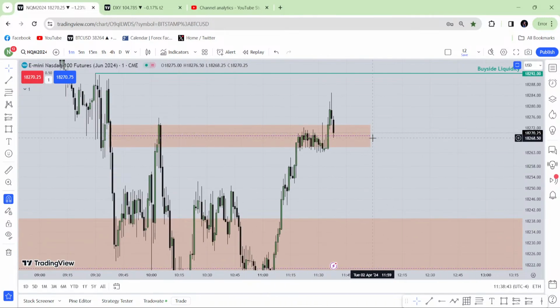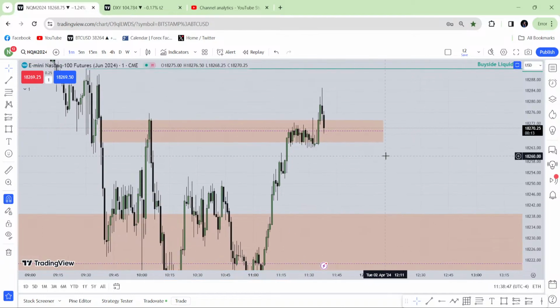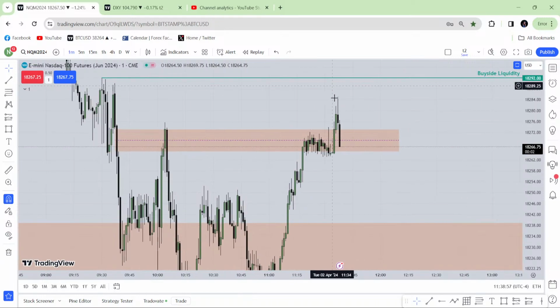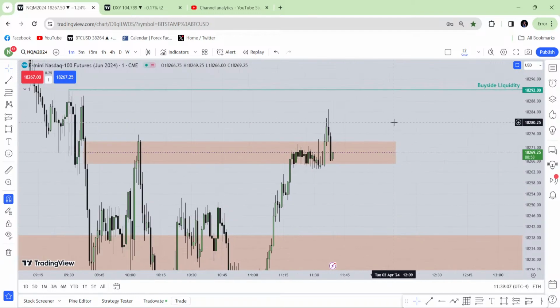You can watch it. First fair value gap I haven't done yet, but after making the SMT clear, I will make a video about the first fair value gap.